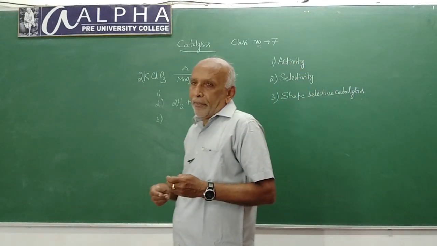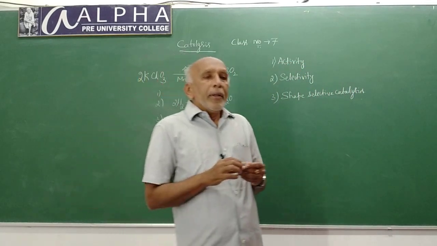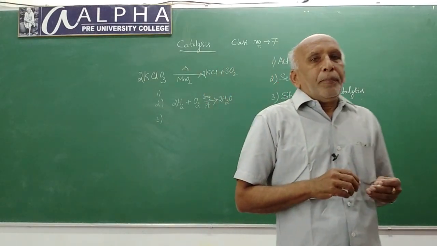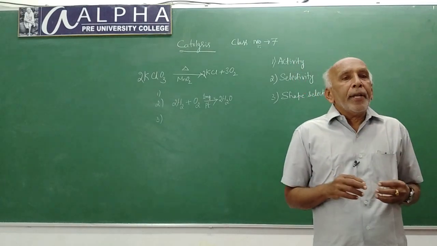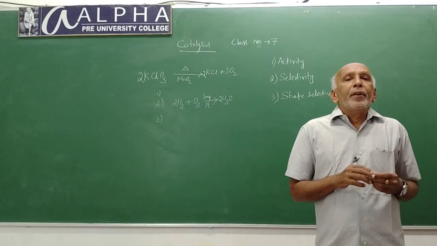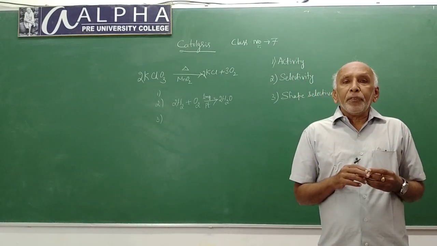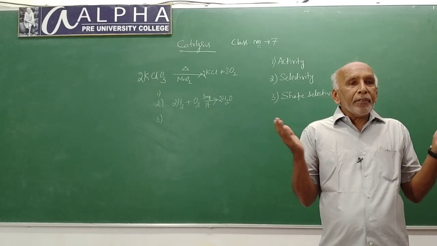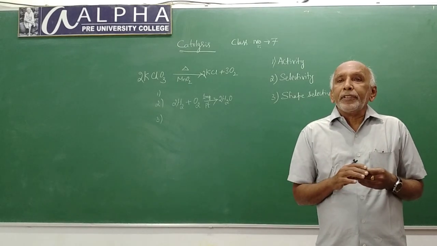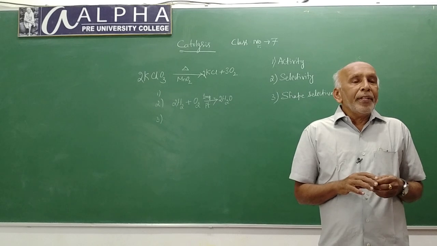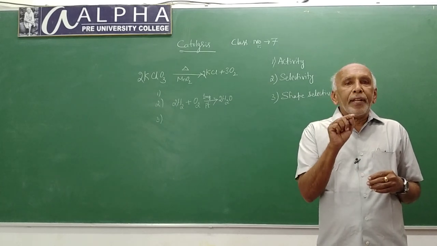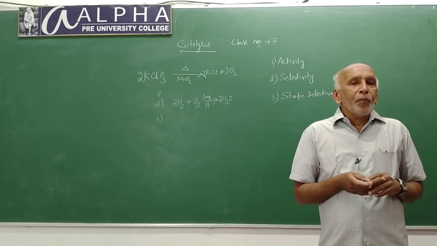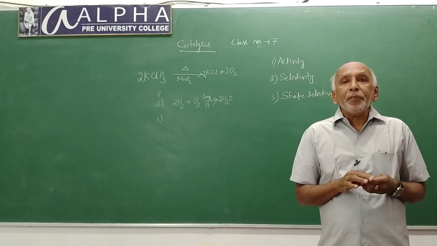Next one is, in a reversible reaction, reversible reaction attains a state known as equilibrium state, where the rates of forward and backward reactions are same. In such reversible reactions, if you use a catalyst, what happens to the equilibrium state?